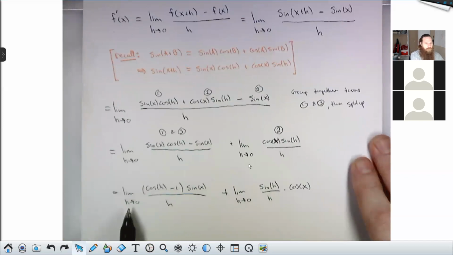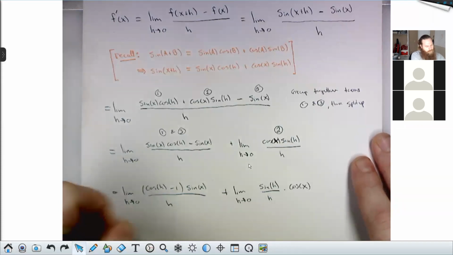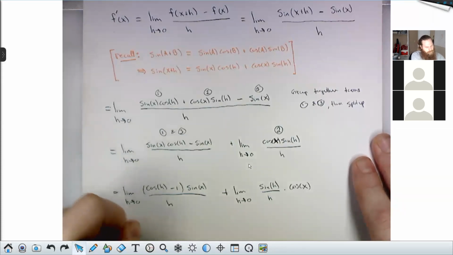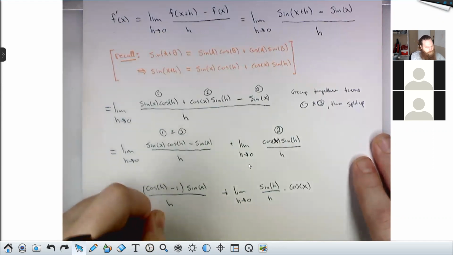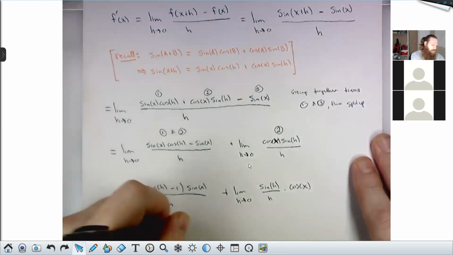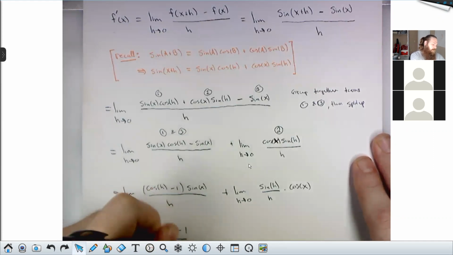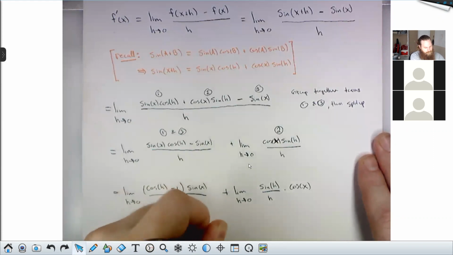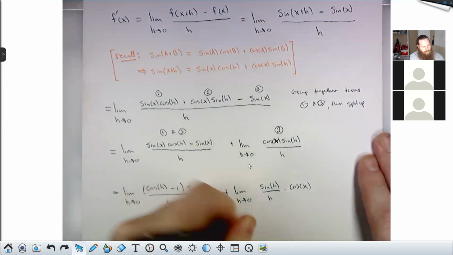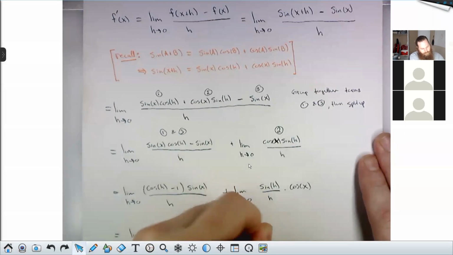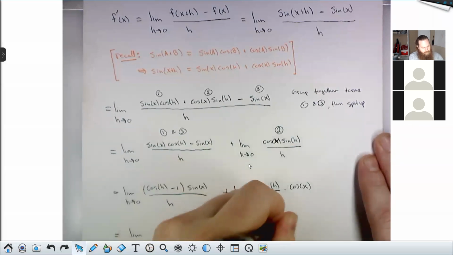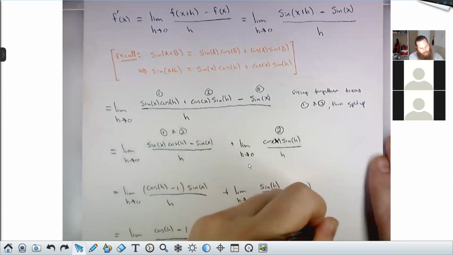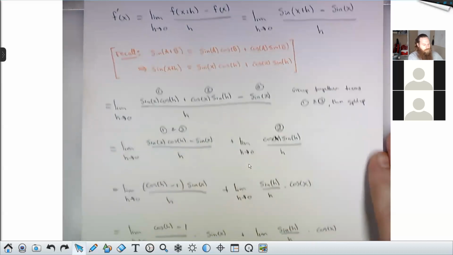Because what I'm interested in here is sending h to 0. I'm trying to get the x pieces out. So this becomes lim h to 0 of cos h minus 1 over h times sine x, plus lim h to 0 of sine h over h times cos x.